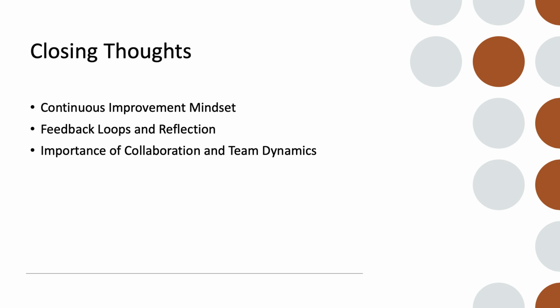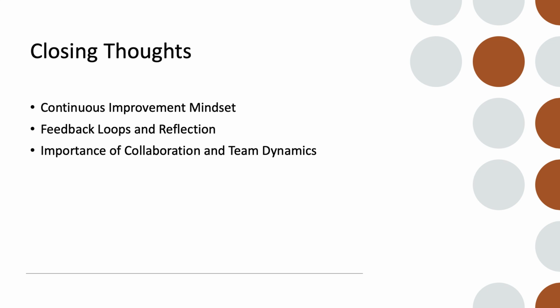By embracing a mindset of continuous improvement and fostering a culture of review and feedback, teams can achieve higher levels of software quality and team cohesion. Feedback loops and reflection enable teams to learn from past experiences and adapt their approaches accordingly. So this ensures that their code review practices evolve over time.